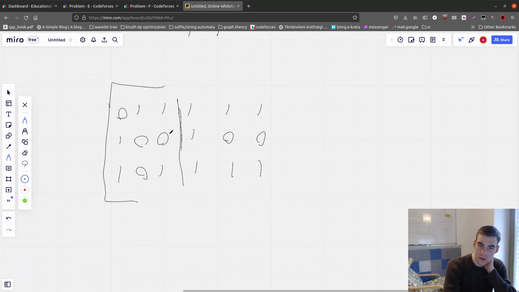the number of components in here will be, well, I take the number of components here, which is 1. I take the number of components in total, which is 2. I subtract 1, and then I add some number.